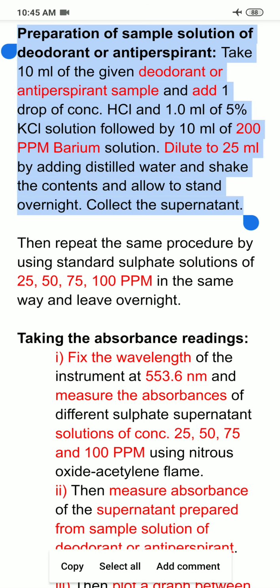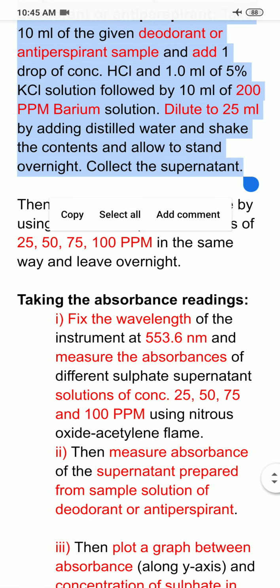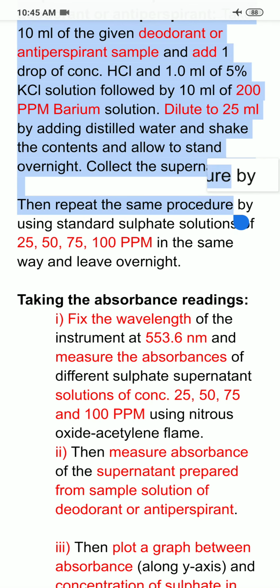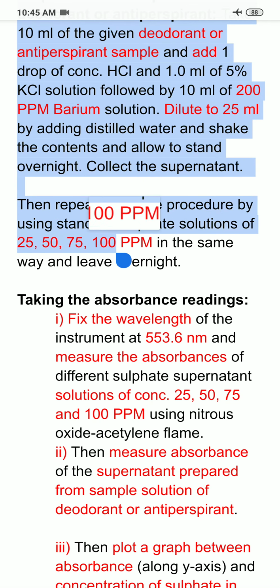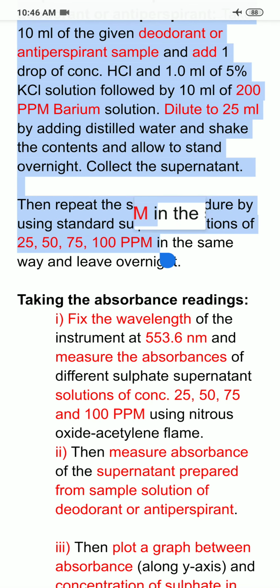Precipitates of barium sulphate will settle at the bottom, and we will collect the supernatant and test it for the amount of unreacted barium.